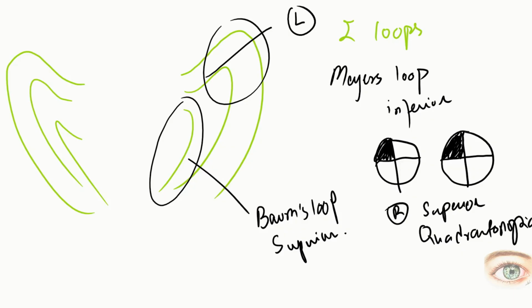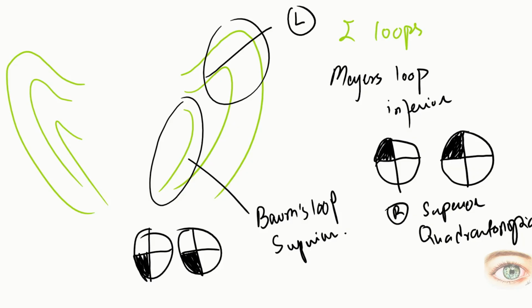And the same goes with this. If any lesion occurs at the Baum's loop of the left side, it is going to cause an inferior quadrantanopia of the right side in both eyes.